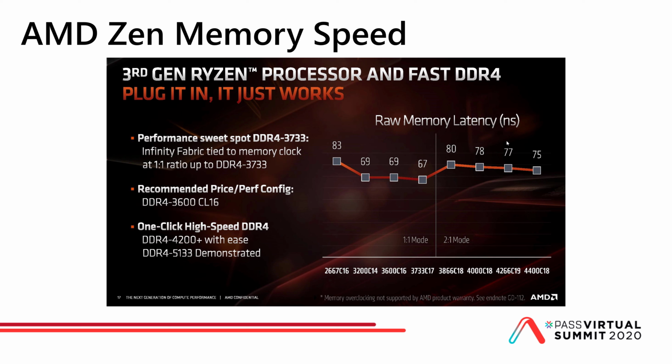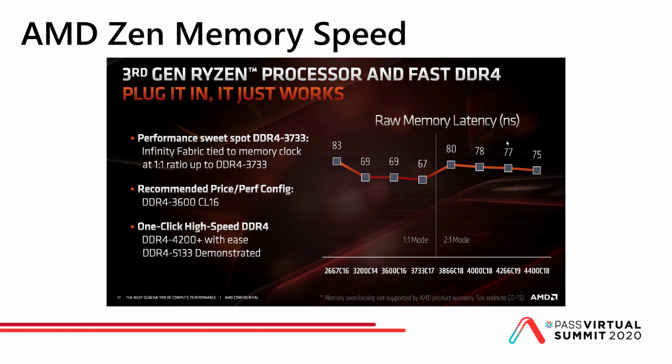So what you want to do is pick memory that is DDR4 3600 or DDR4 3200. That's sort of the sweet spot, and that's not very expensive, and you're going to get the best performance for your memory and still run your Infinity Fabric at the same speed as your memory speed.